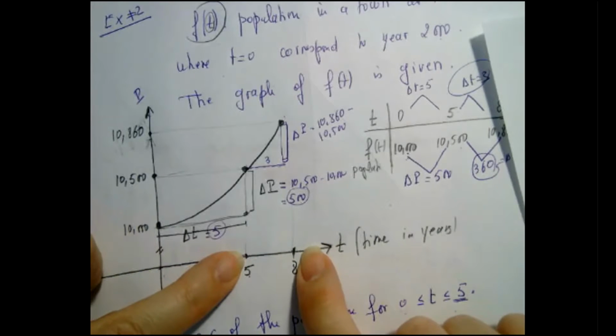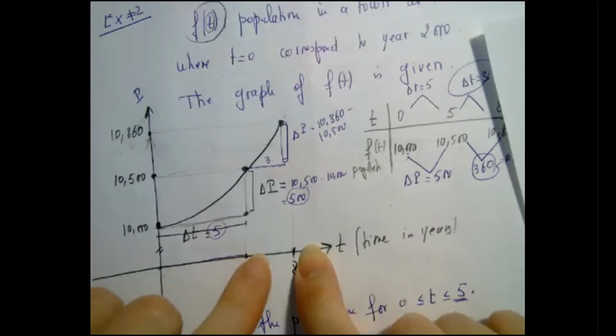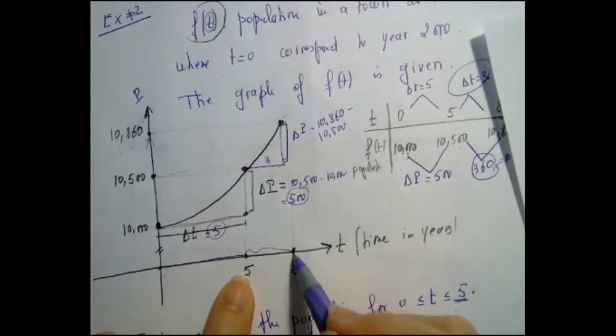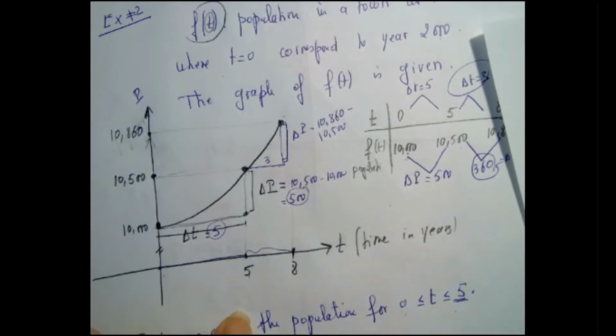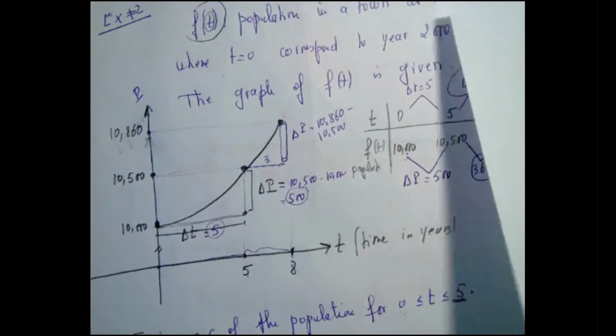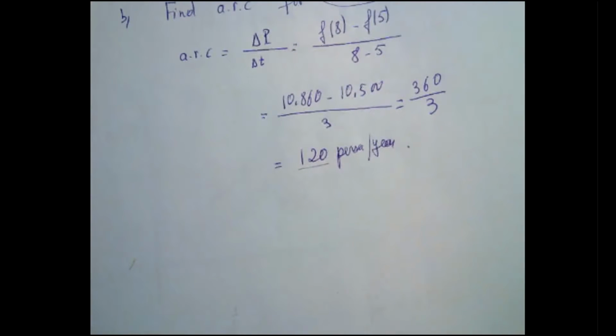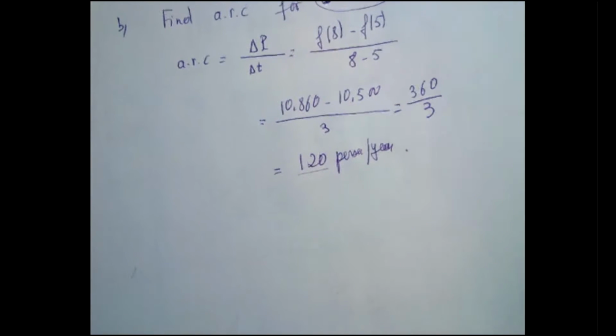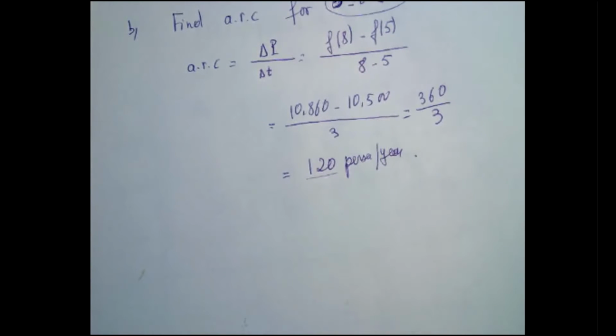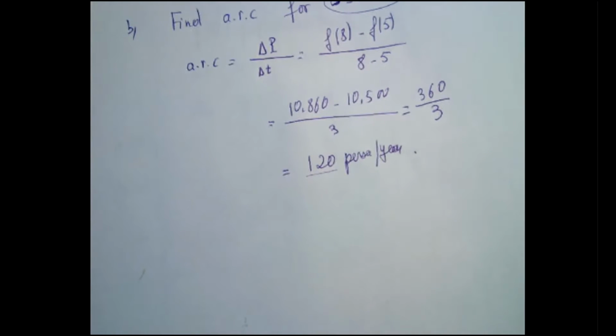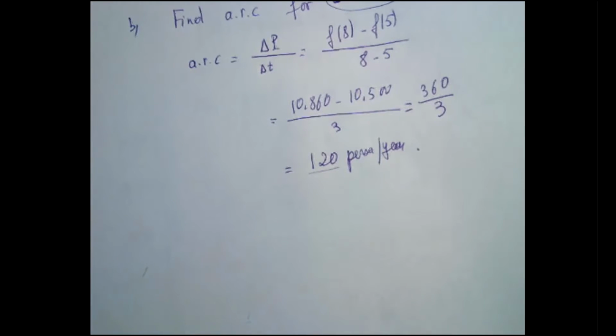Between 5 and 8, it was growing by 120 per year. So the growth was faster between 5 and 8 than between 0 and 5. So it really helped me to understand how fast the function is changing. Okay. Any questions before I move on? Please ask your questions. All right.